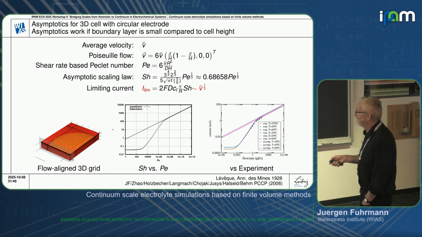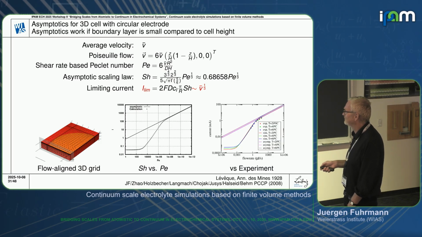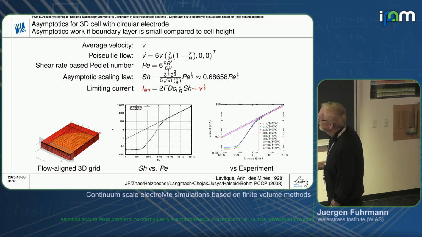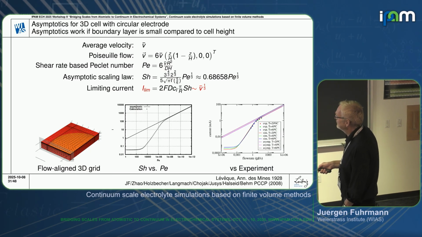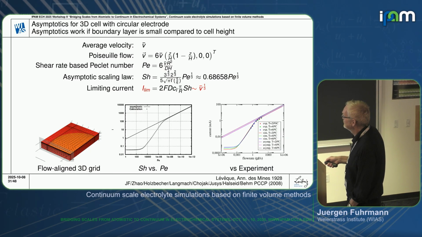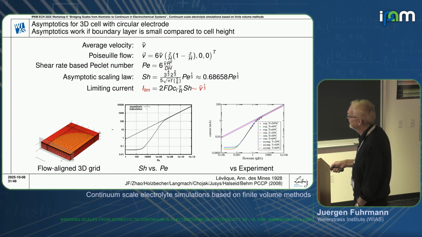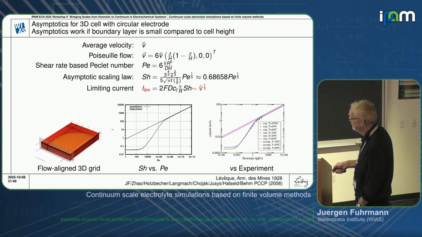And when we compare to these experimental values, these are log-log plots of the Sherwood number, which is proportional to the current. The straight lines give the asymptotic values, but we see that we have deviation for smaller Peclet numbers from these asymptotic values.